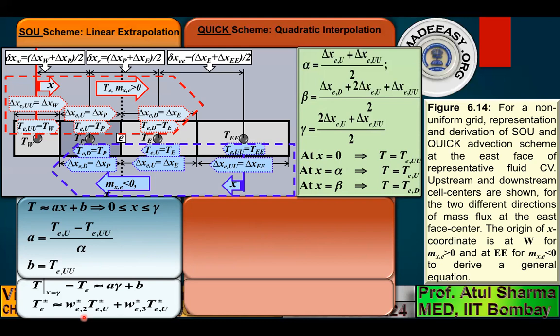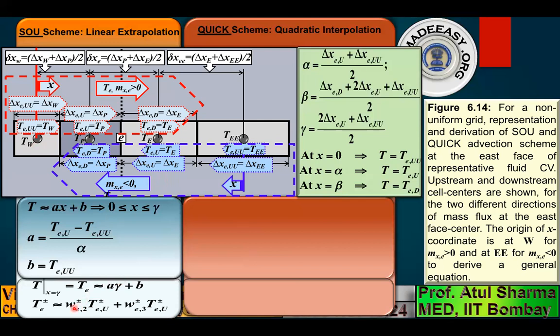They also depend on the direction of the flow. Because here you can see, if the flow is in the positive x direction, then these are the three non-uniform grids involved to calculate the weight. When it is a negative x direction, then these are the three non-uniform grids, which are different. So the weights are dependent on the face, and they are also dependent on the direction.